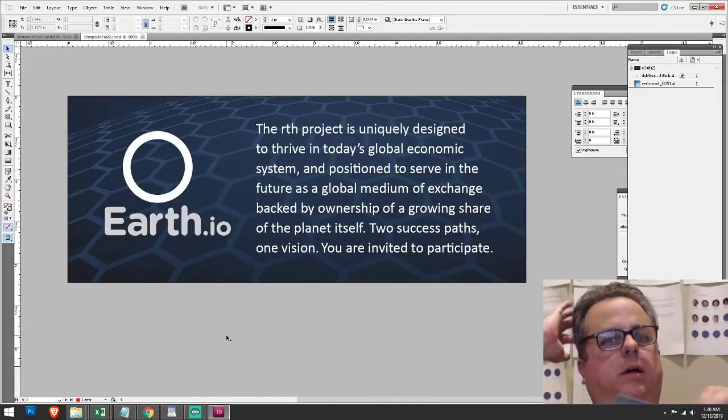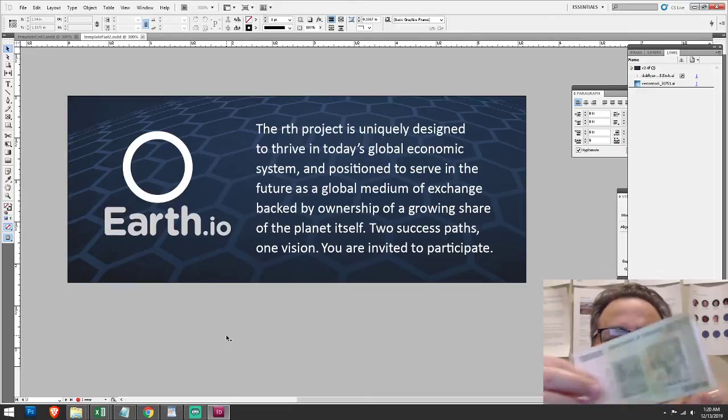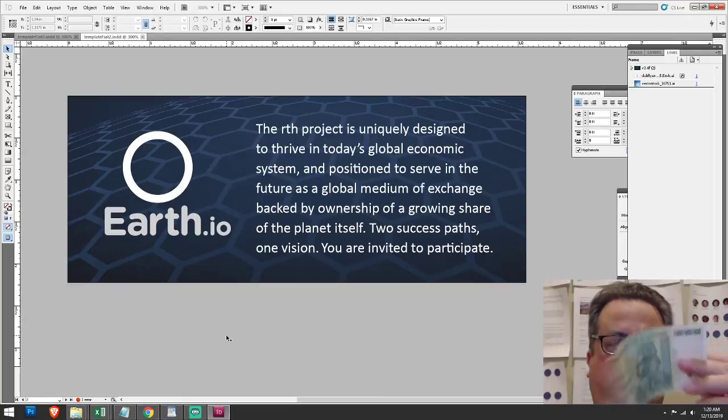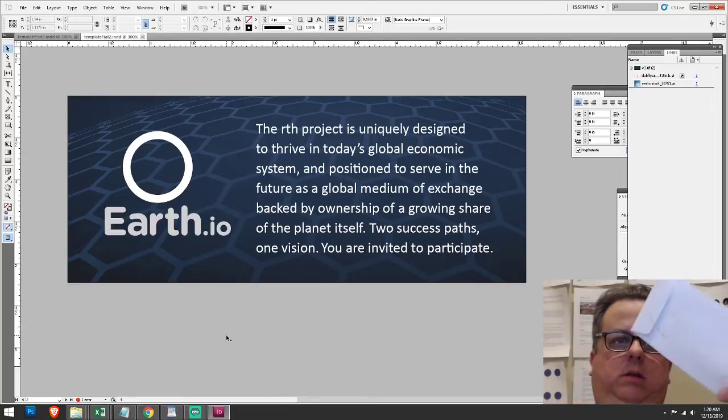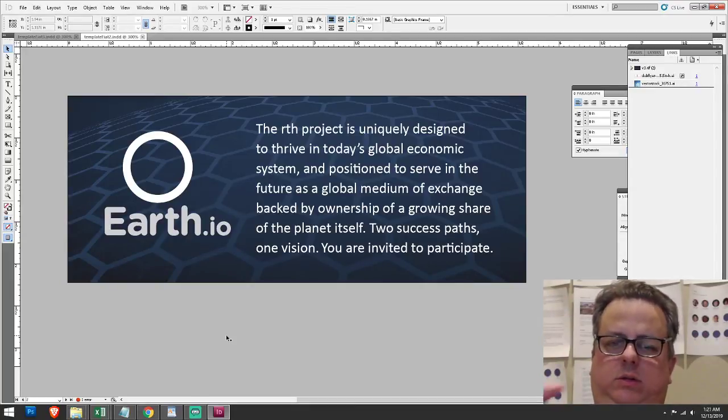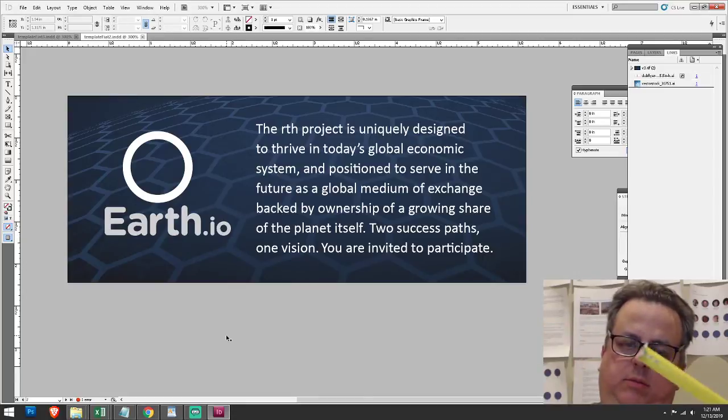And this is the $1 billion note from Zimbabwe, and an envelope, and I just want to take some measurements here.